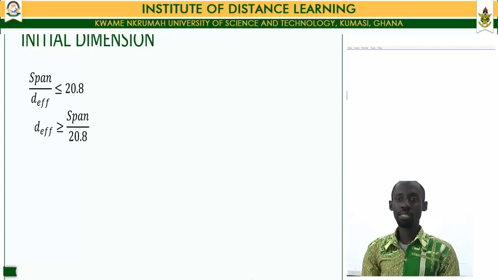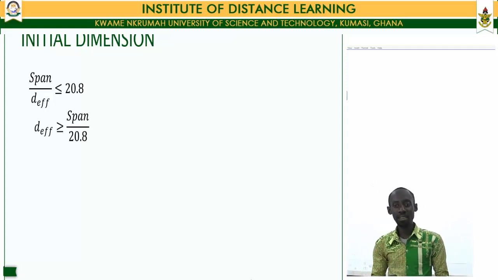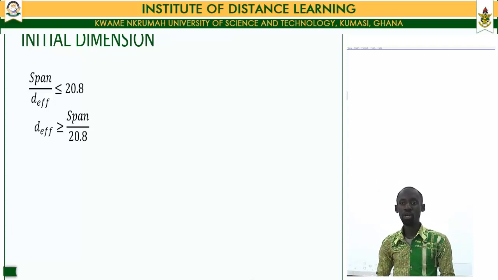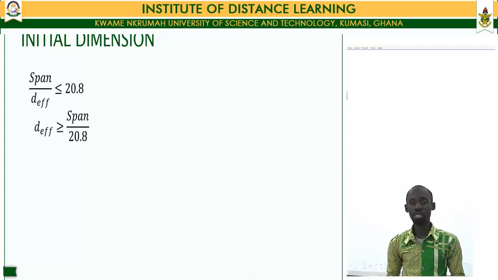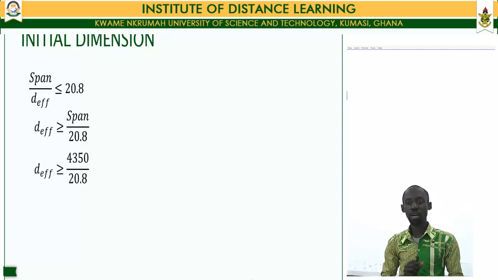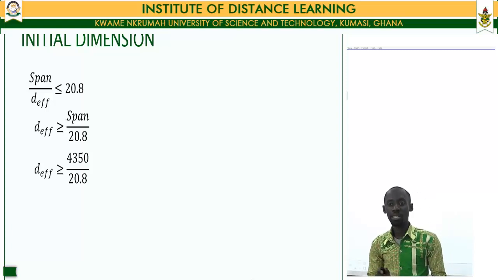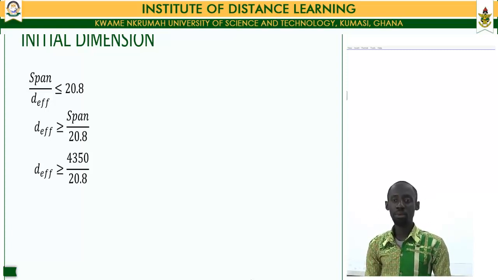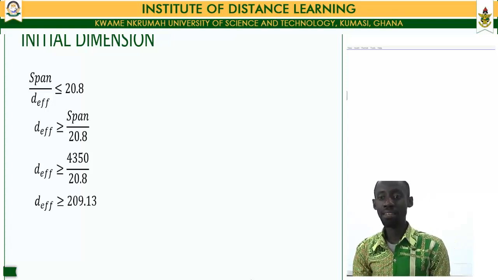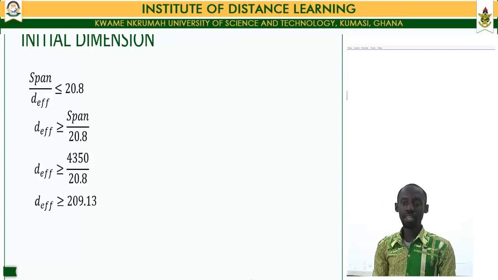Now, by inequality, it means that our D effective should be greater than or equal to our span divided by 20.8. The effective span of our beam, as we saw earlier on, was 4,350. Now, dividing the 4,350 by the 20.8 gives us an effective depth value of 209.13 millimeters.